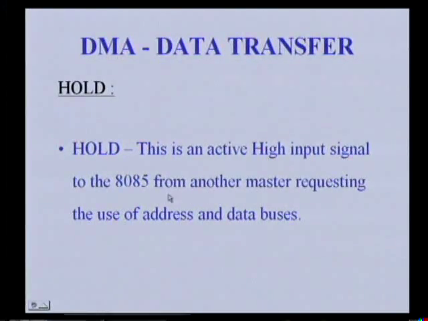Here you see the request is from another master. In this case, the DMA controller is equivalent to the microprocessor. It can work with the speed of the processor, and because it can do limited operation, in this case just transferring data, whenever it can transfer data, it asks the processor for the buses with the help of hold signal.